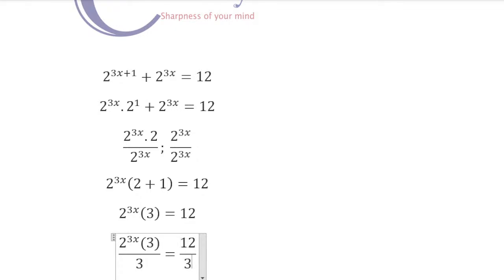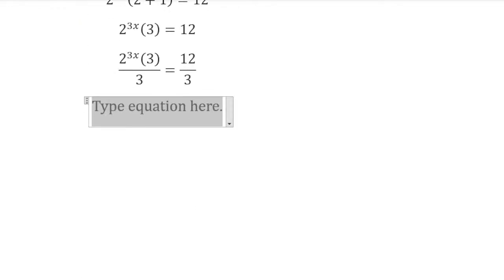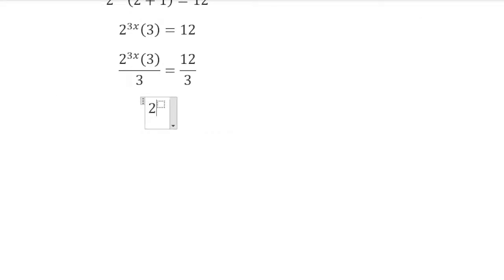Whatever you do on the left hand side, you must also do on the right hand side. So on the left hand side, you'll be left with 2 to the power 3x is equal to 12 divided by 3 is equal to 4.